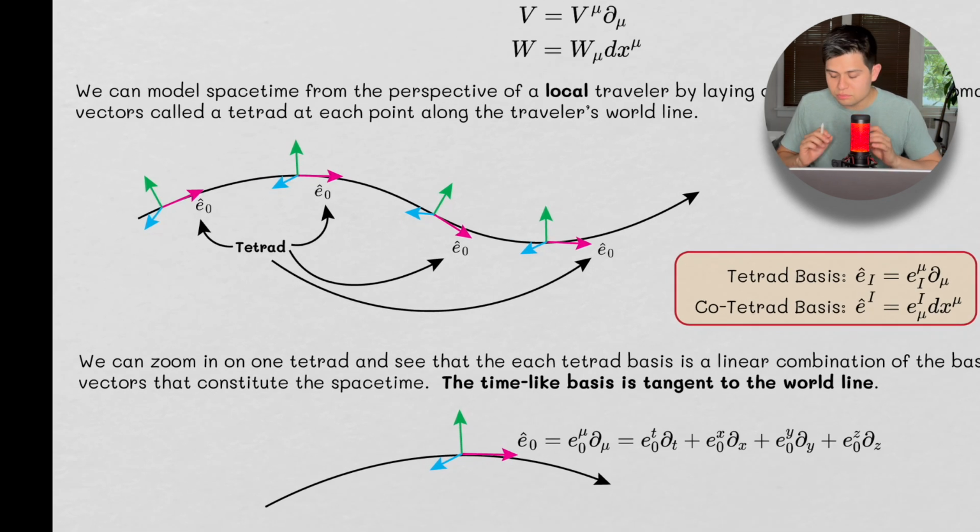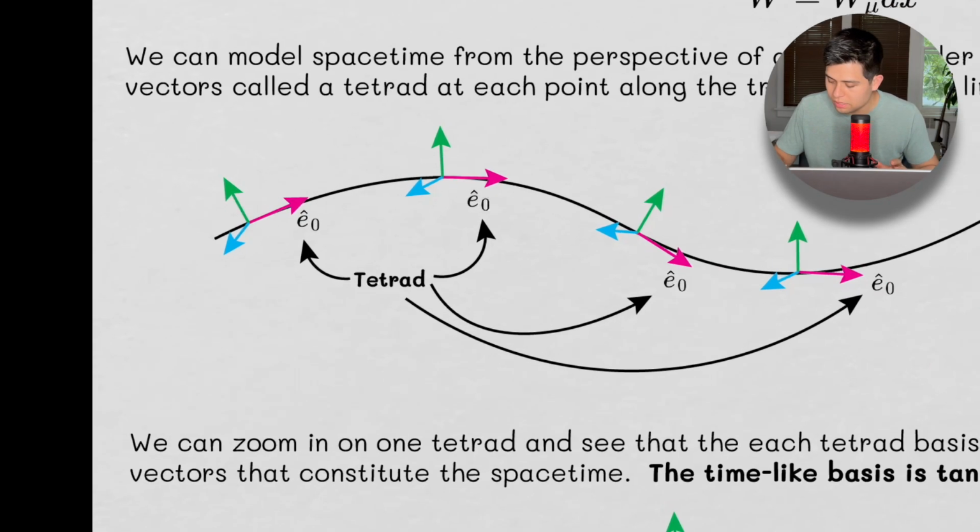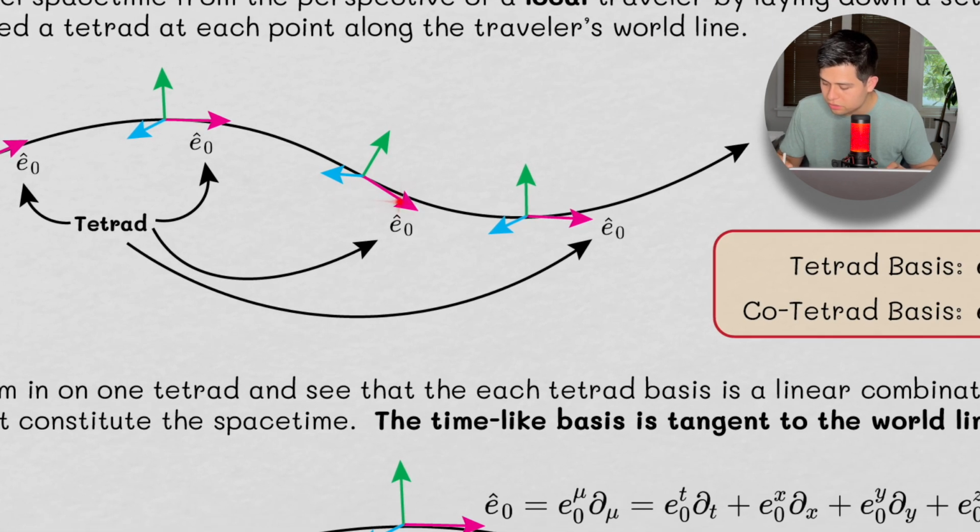At each point in space-time, we can construct a local inertial frame, or a local Lorentz frame, and that's what I've illustrated here. We have these basis vectors at every point in space-time along the curve.